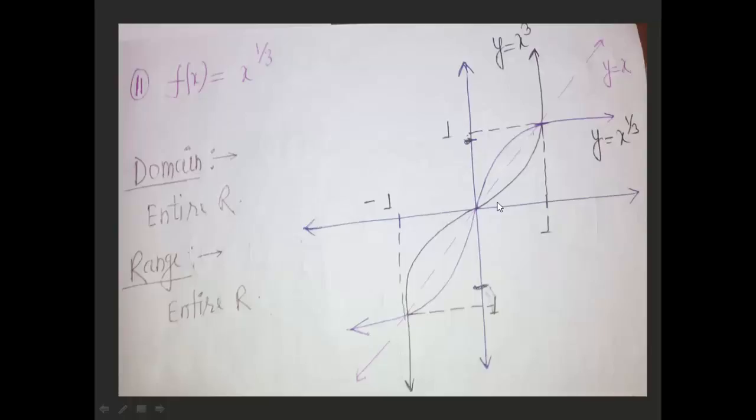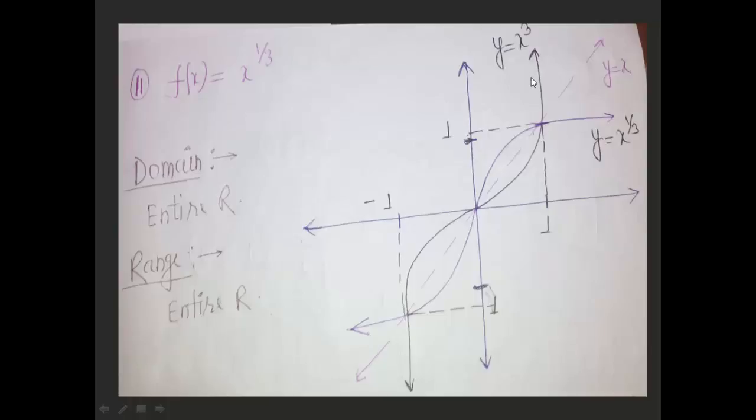Suppose the question comes: find the number of solutions of the curves y equal to x cube and y equal to x to the power 1 by 3. If you solve by the traditional method, then you will get the answer, of course, but it will take a long time.